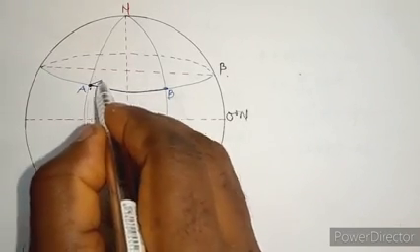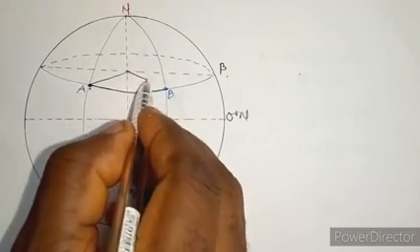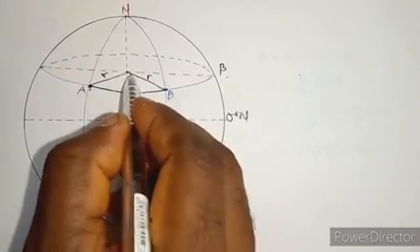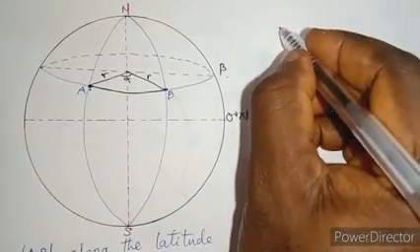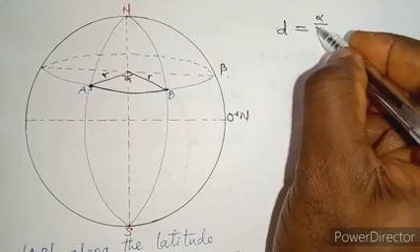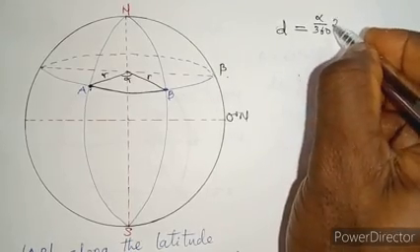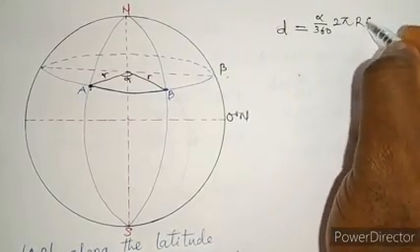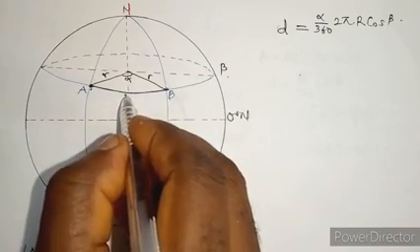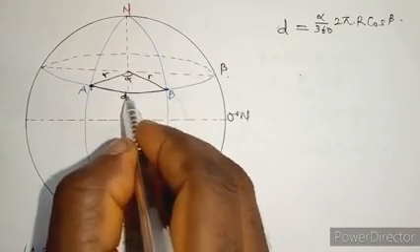I will trace this to the center of the circle, and call it small r. This is my alpha. I will use D equals alpha over 360 times 2 pi r cos beta, with the given beta. And this is the distance I'm dealing with.